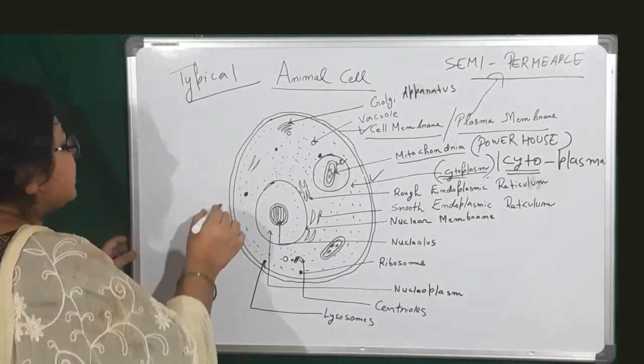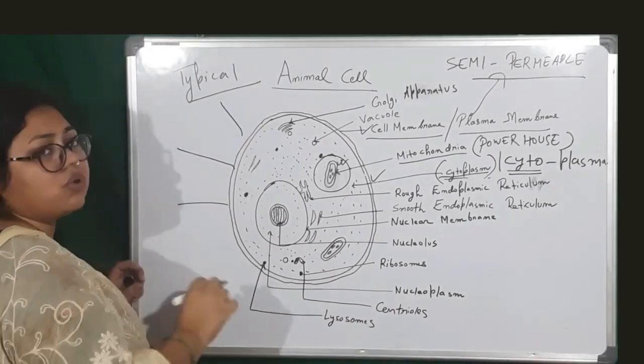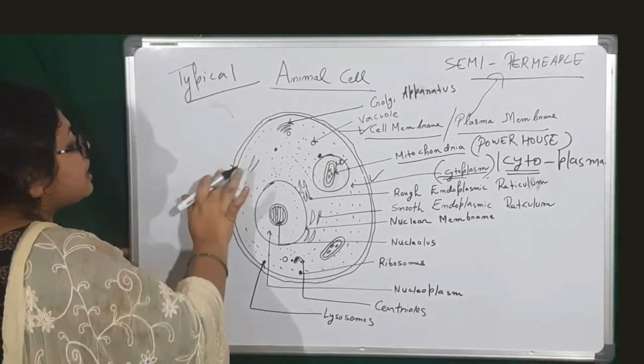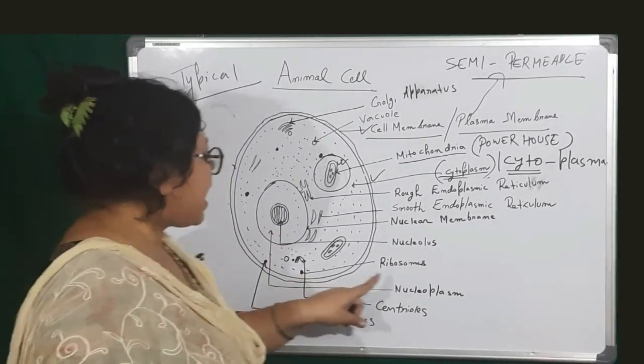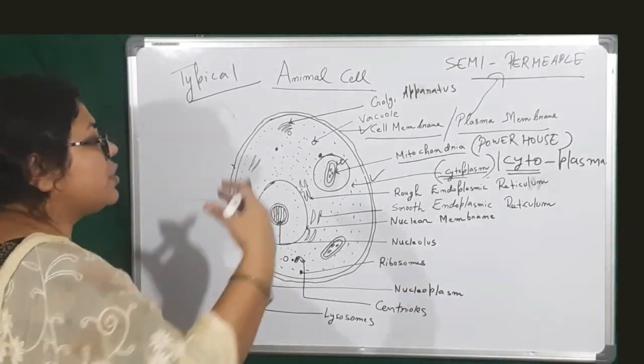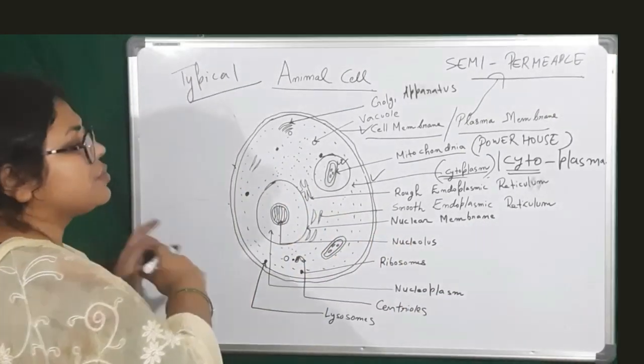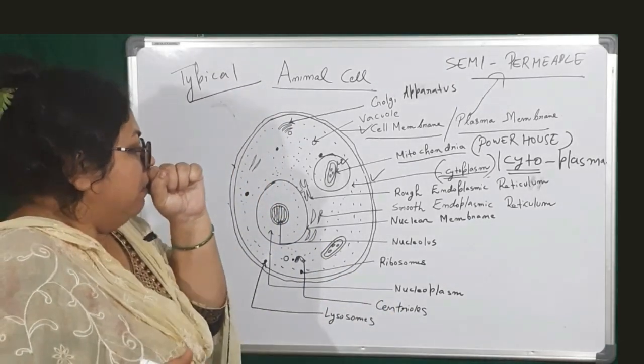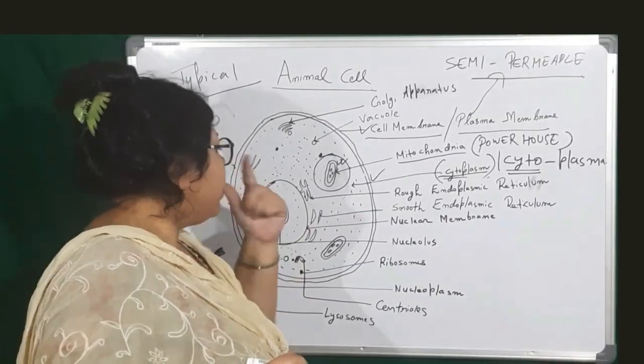Never use this arrow, this arrow, this arrow. No, this is not done. Whatever you have to mark, take it this way and mark it on one side. Either you can choose right or left as per your priority.